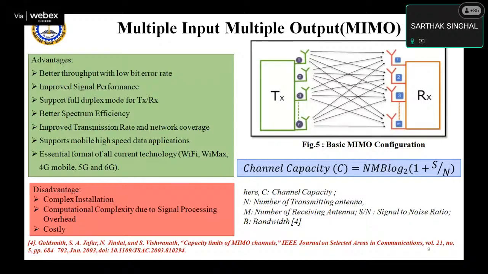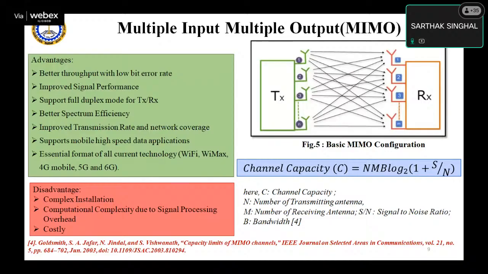Due to this product of number of transmitters and number of receivers and the bandwidth, the overall channel capacity increases significantly. So from this you can say, in case of 5G, we are talking about hundreds of elements at the transmitter and receiver. If both the transmitter and receiver have 100 elements each, the capacity will increase nearly by 10 to the power 4 times.